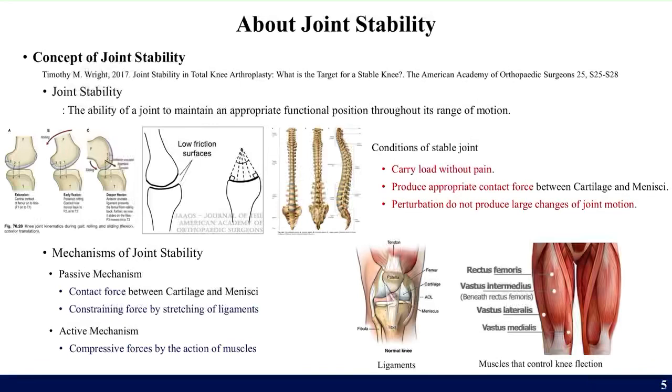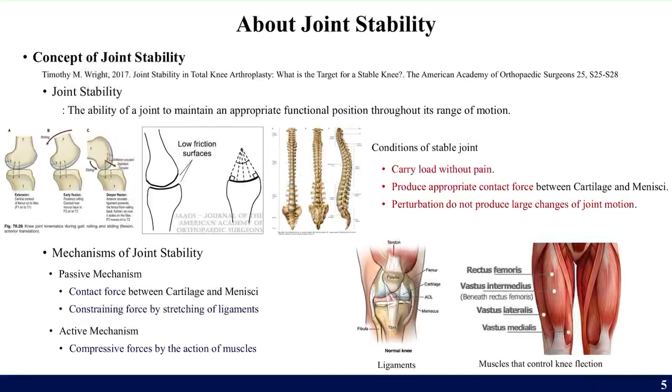Then how is the joint stability kept when doing some motion? There are two mechanisms to keep the joint stable. The one is the passive mechanism. The passive mechanism consists of the contact force between two bones at the joint and the constraining forces by ligaments. As I mentioned previously, the ligaments generate passive force if there is a displacement between the two bones at the joint.